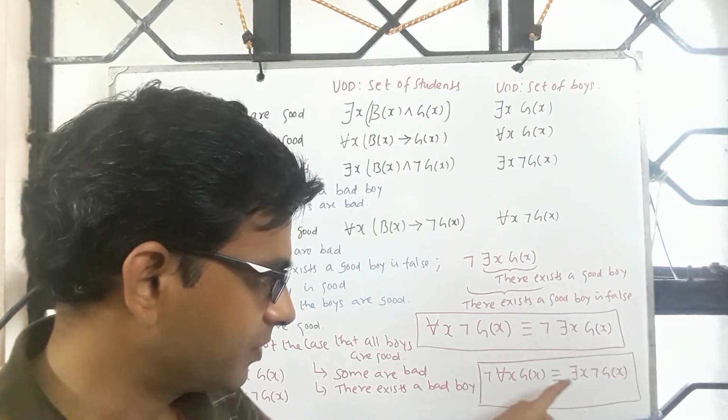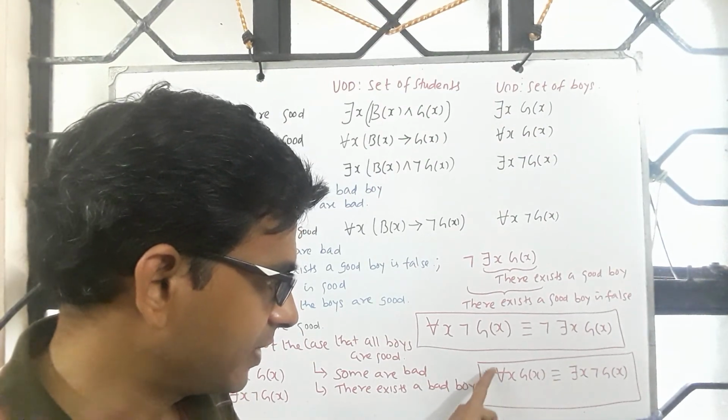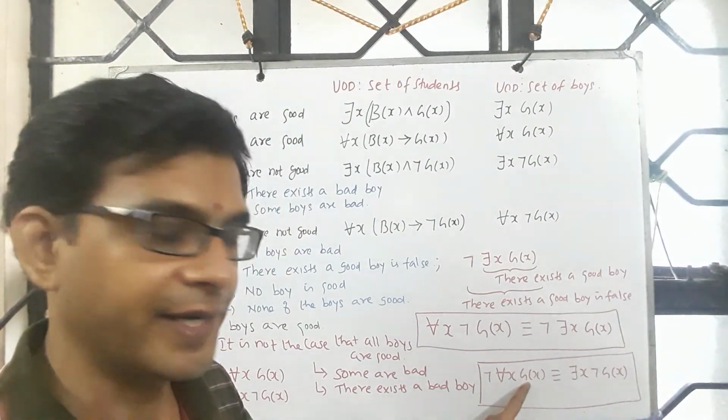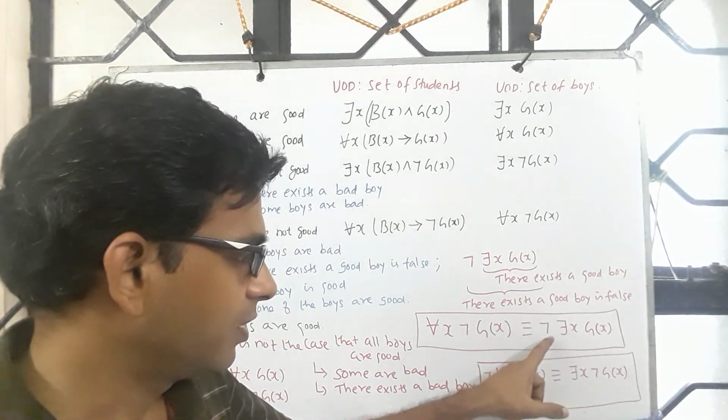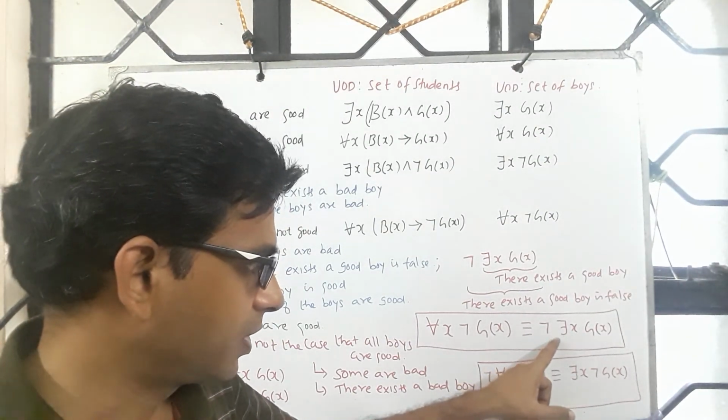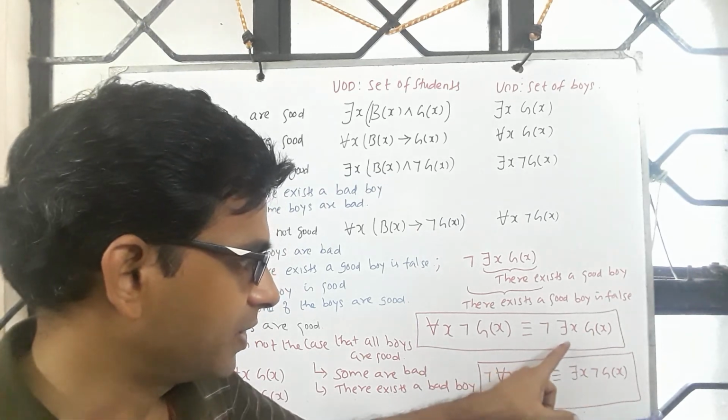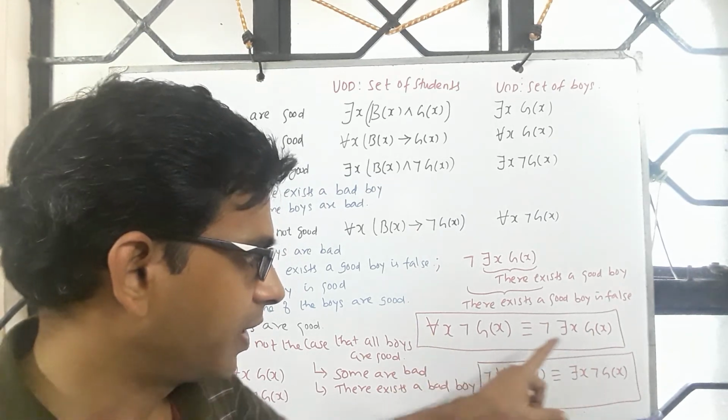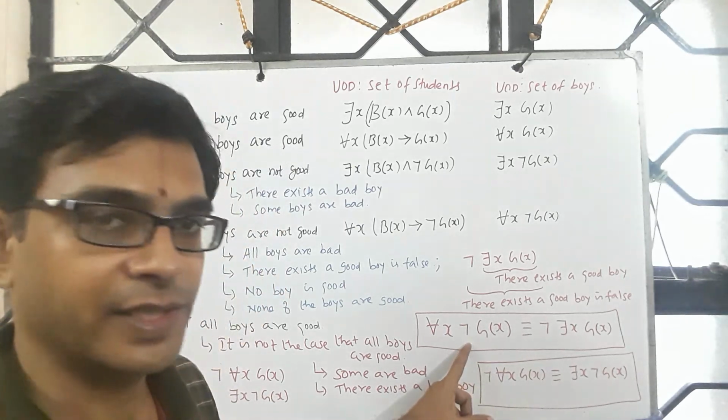So for all becomes there exists, and the negation is attached to the predicate over here, and when it is getting into the expression, there exists becomes for all, and the negation comes inside. Okay.